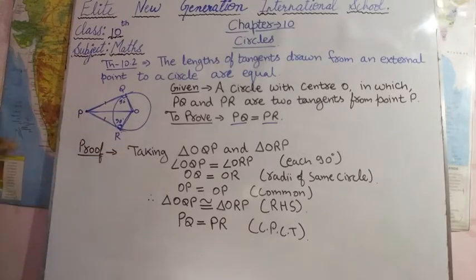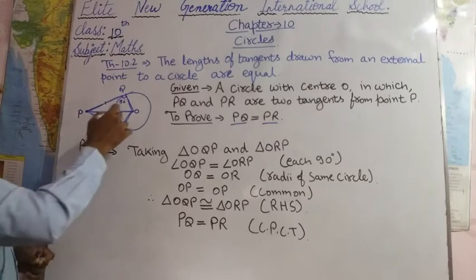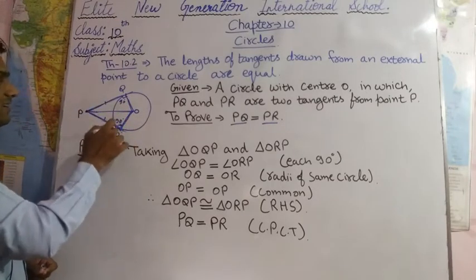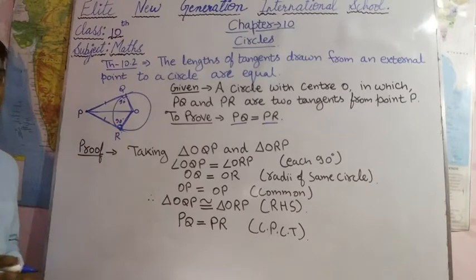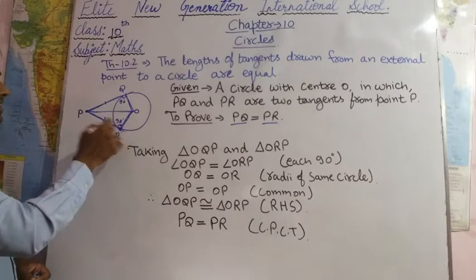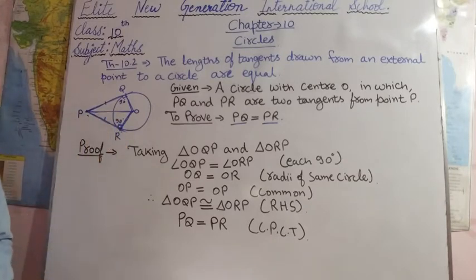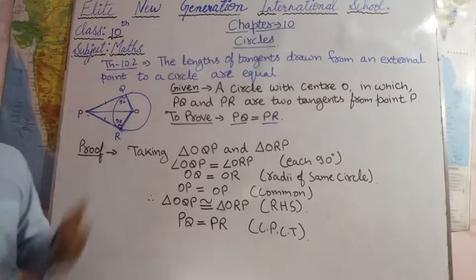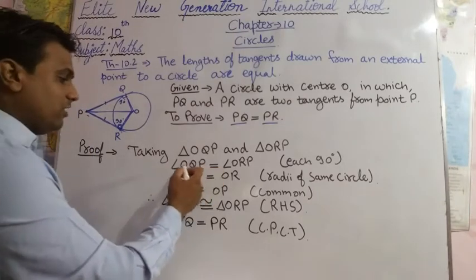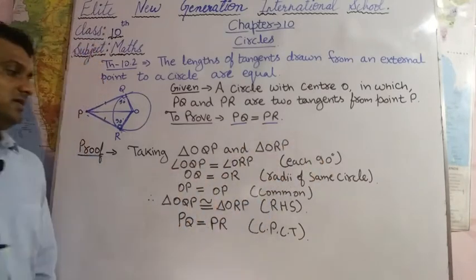Because before this, we have proved the theorem that the radius is perpendicular to the tangent at the point of contact. This is the point of contact, OR is the radius and PR is the tangent, so this angle is 90 degrees. We proved this in theorem 10.1. So from theorem 10.1, angle OQP equals angle ORP, that is 90 degrees.